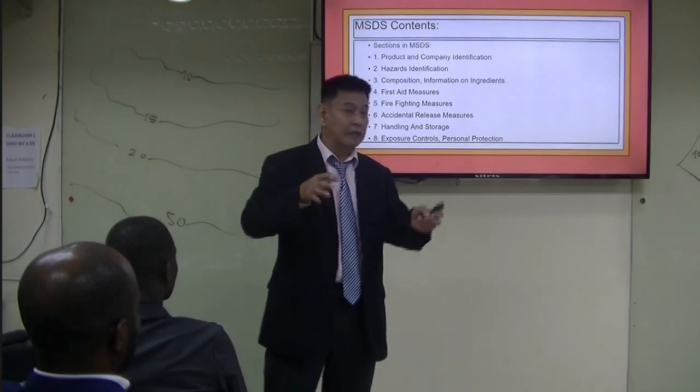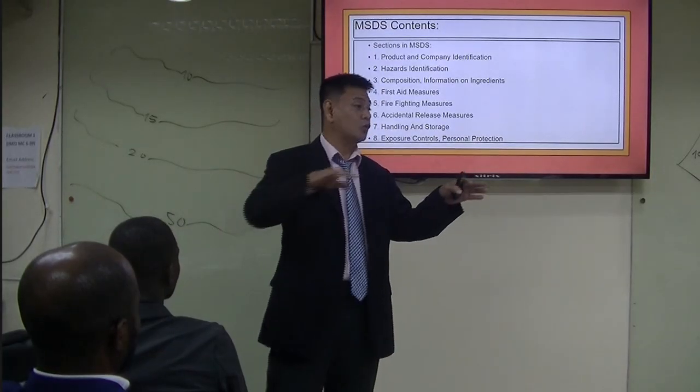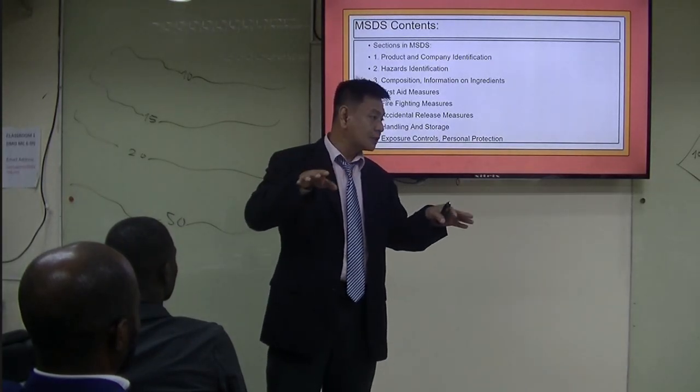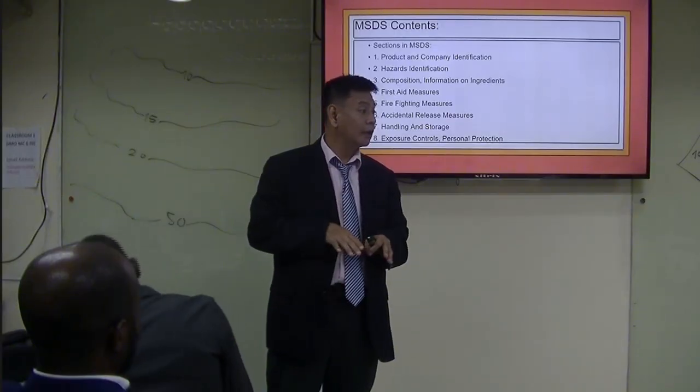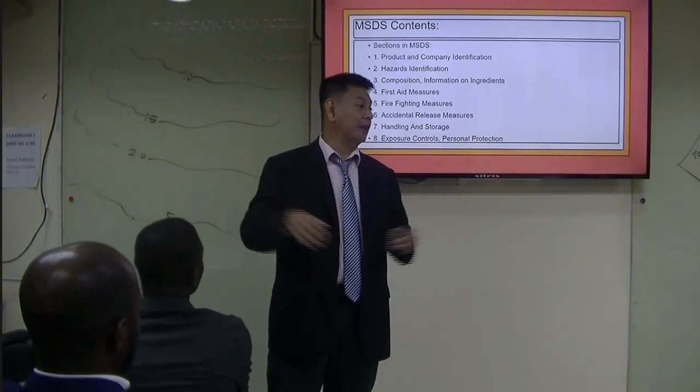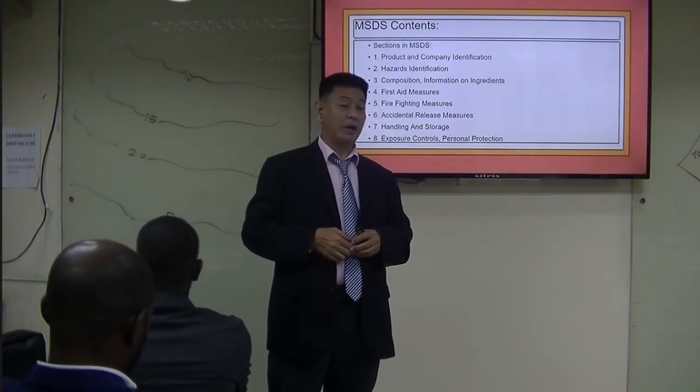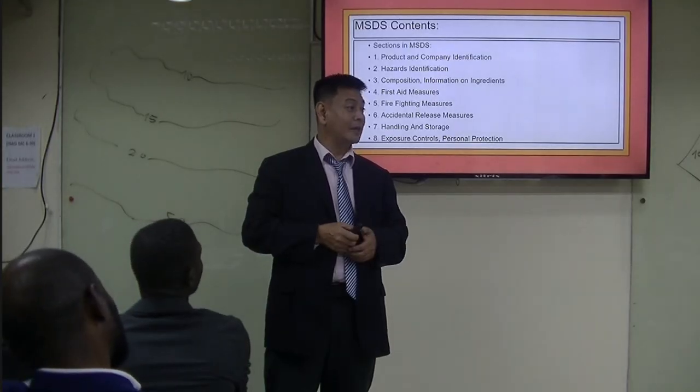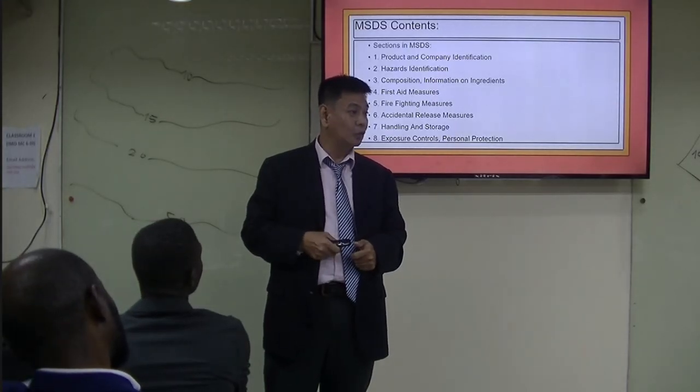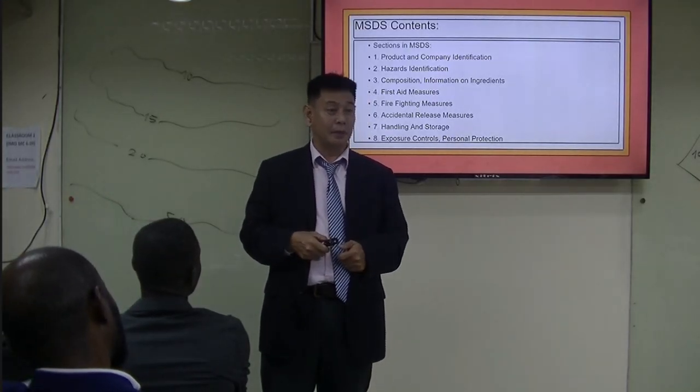If the chemical tanker is composed of 30 tanks, sometimes they are loading 12 different cargoes. That's why life on a chemical tanker is not so easy. You need to familiarize yourself with all those chemicals.